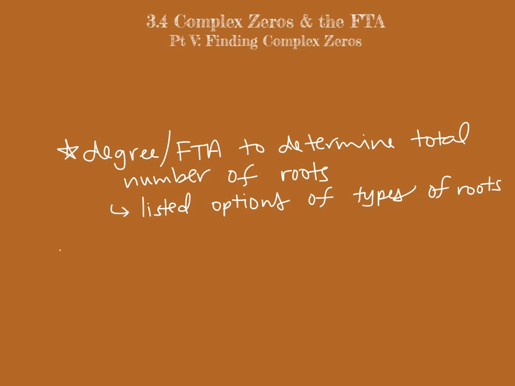The next thing that we did is we looked at the graph to determine how many real roots we had. So we looked at the graph. The graph is your friend. It's not cheating by any means.